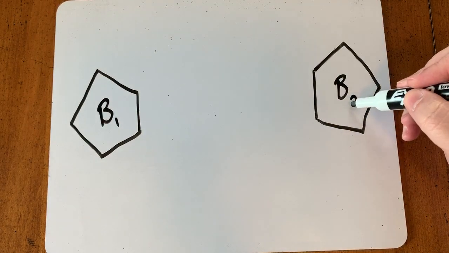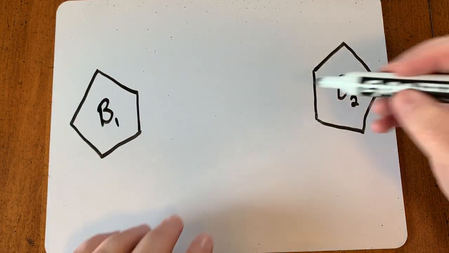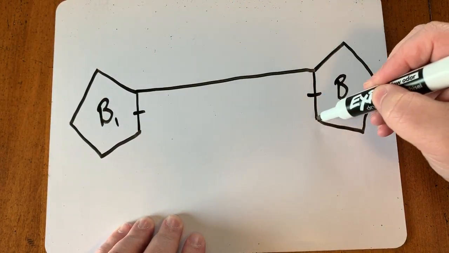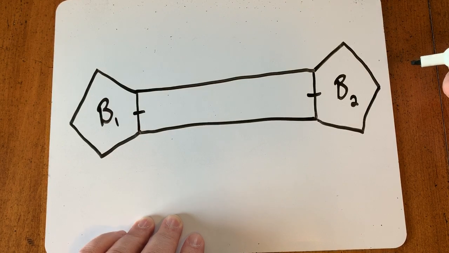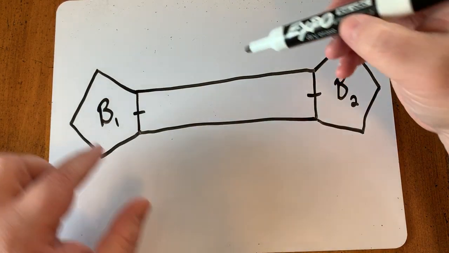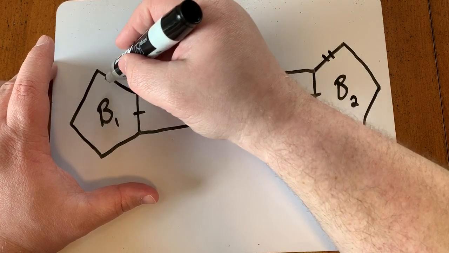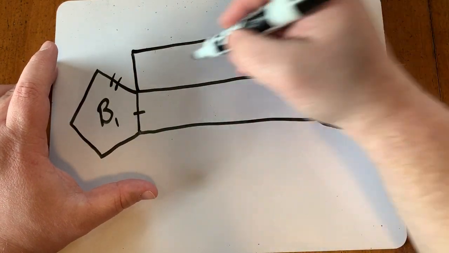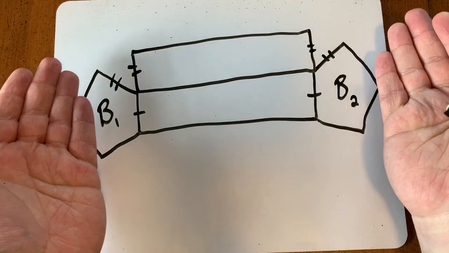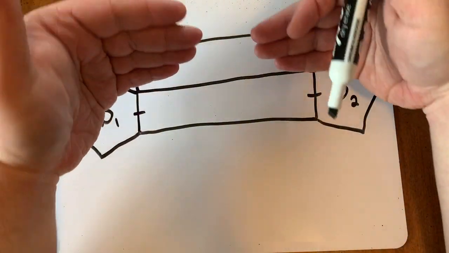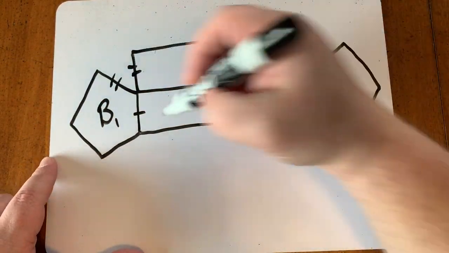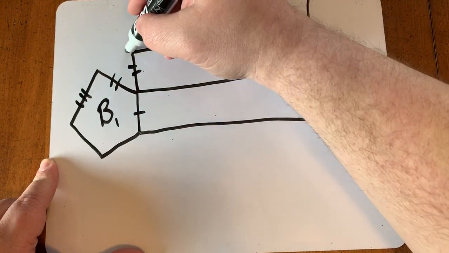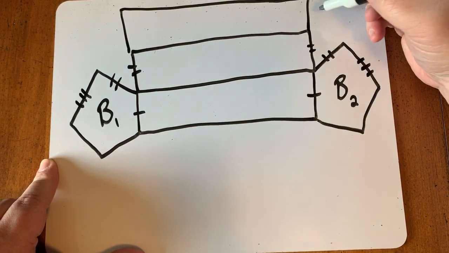I'll put a subscript to differentiate, even though it doesn't matter. And then these two congruent sides will be joined together by a rectangle. But these faces would fold up, and this would fold up, and these two would match together. And these will go there.